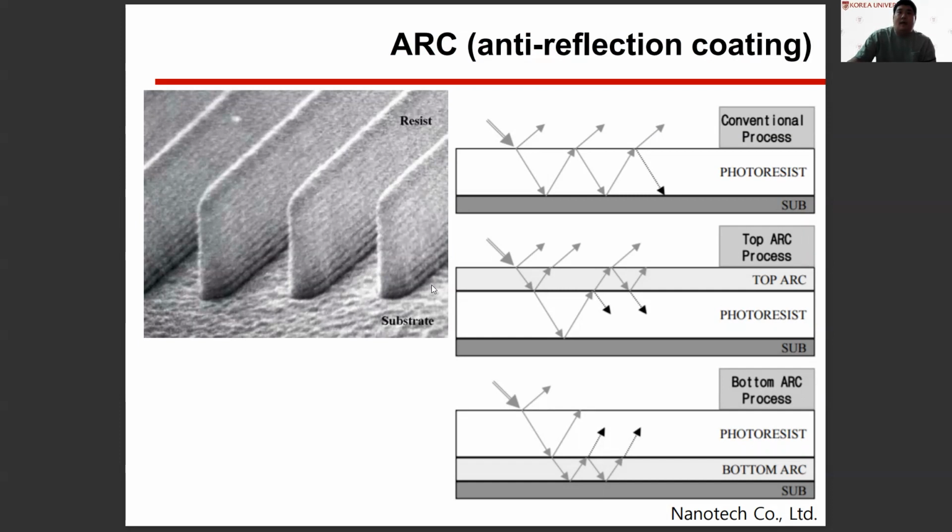This is especially bad for modern devices because this wave-like structure can cause defects or changes in the technological behavior.